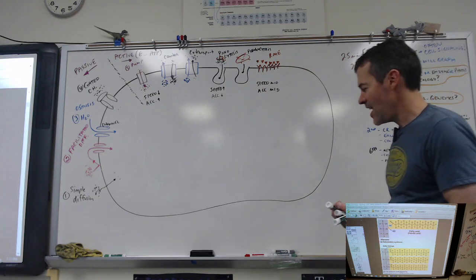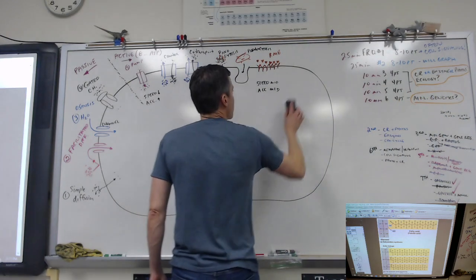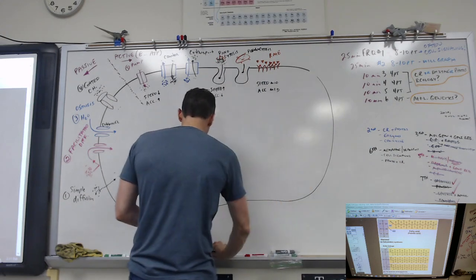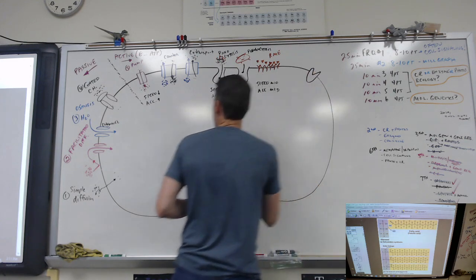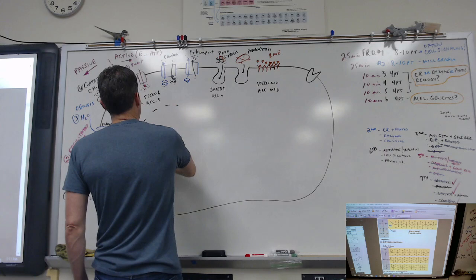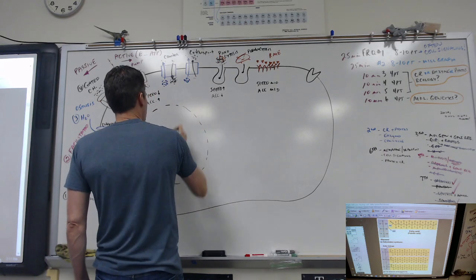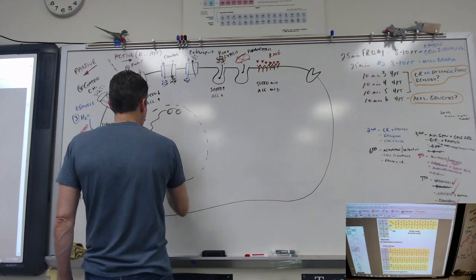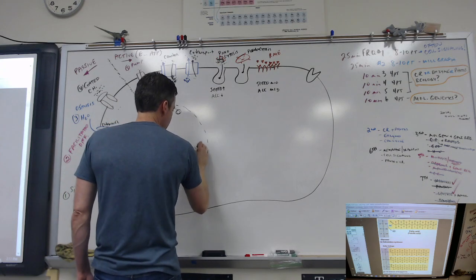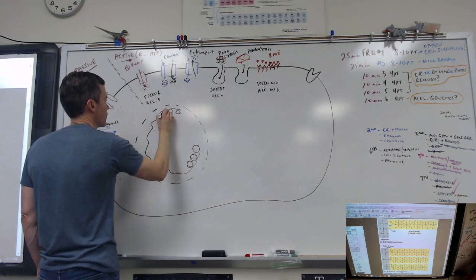All right, next up, we start getting into receptors. So here's a receptor. Here's my nucleus, with my DNA wrapped around histones.